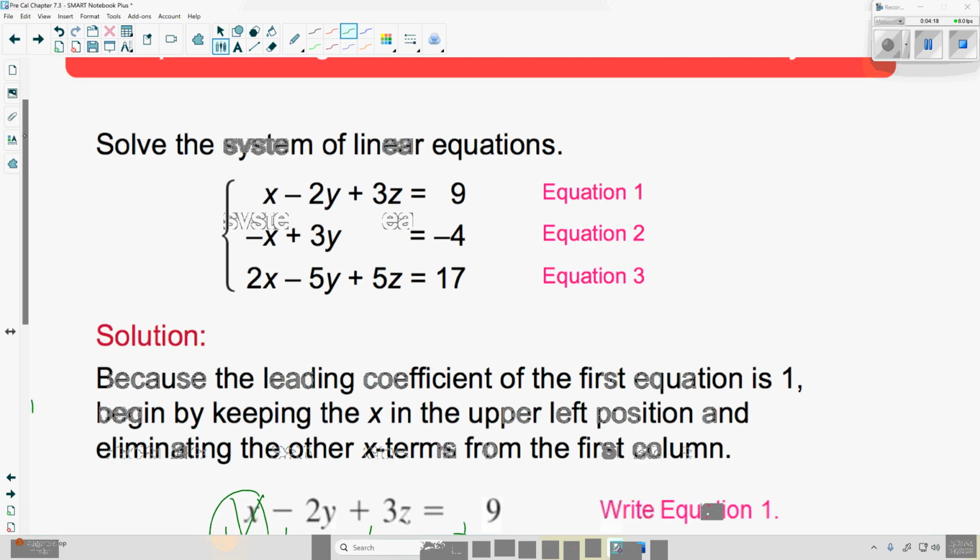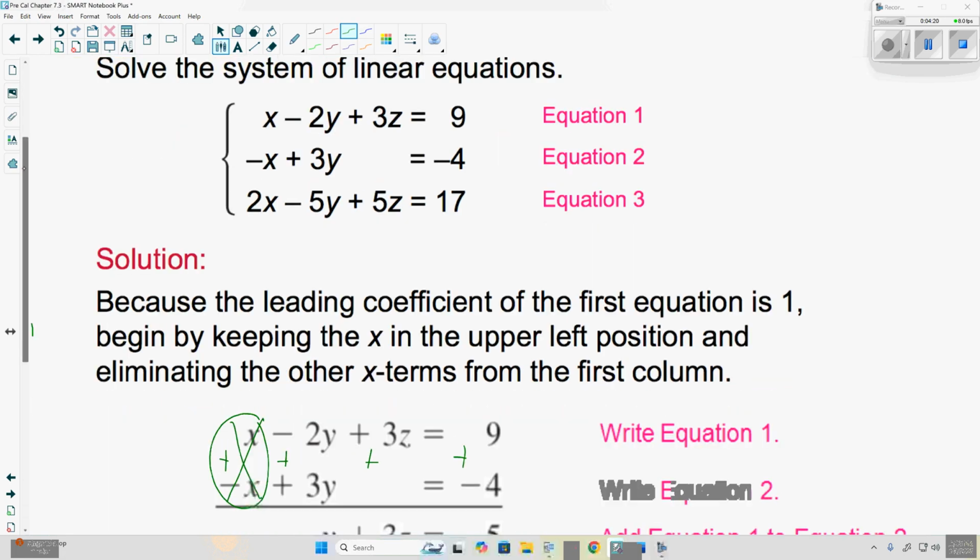Now, the other method is to take this starting equation, and we can use the graphing calculator. We just have to set it up as a matrix. Now, the matrix we're going to want, we're going to take the coefficients across the top. 1, -2, 3, 9. -1, 3. There is no z value, so it's 0, -4. 2, -5, 5, 17.